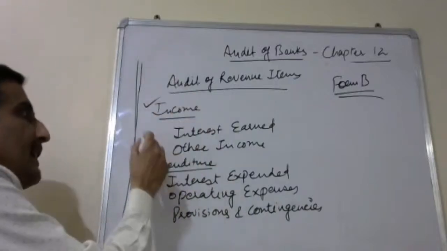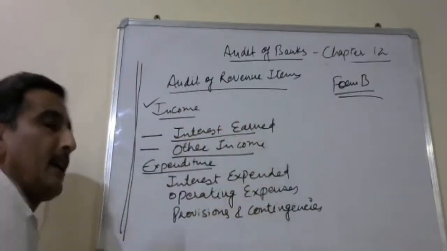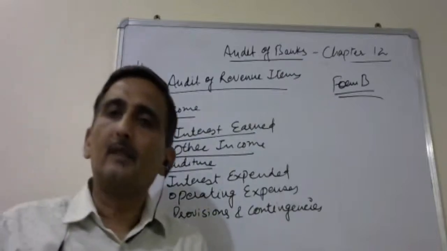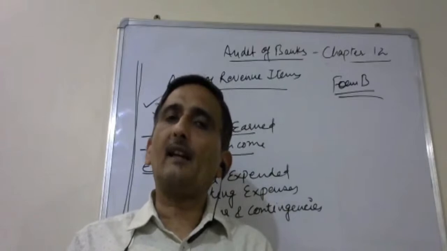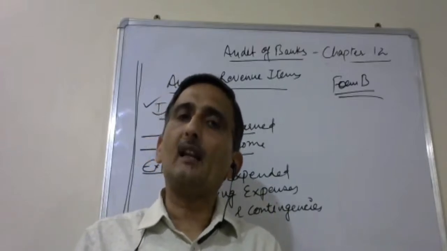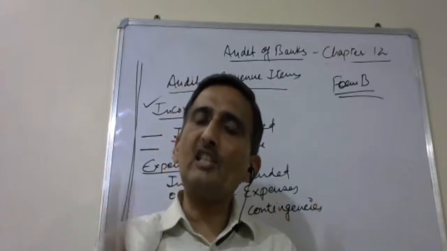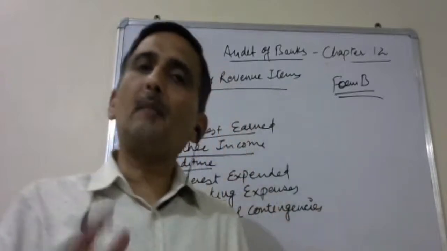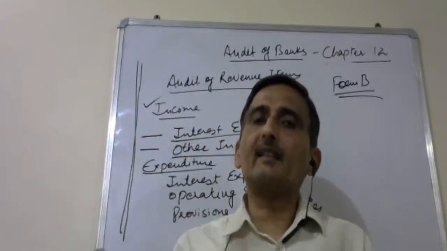So these are the main items which are there in Form B as per the third schedule of the Banking Regulation Act 1949. Fairly simple. Now, one side is the income side. So what is on the income side? Interest earned and other income. From where would a bank be getting its interest? Obviously it would be interest income from advances. So the major chunk of income in the bank would be interest on advances.